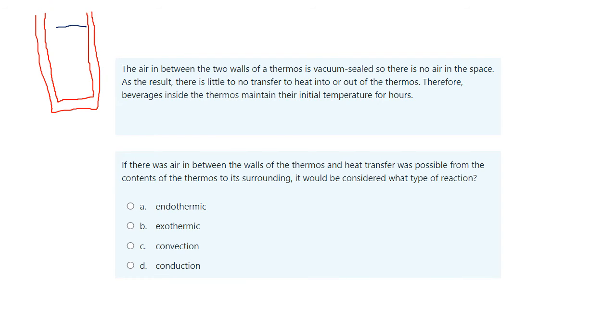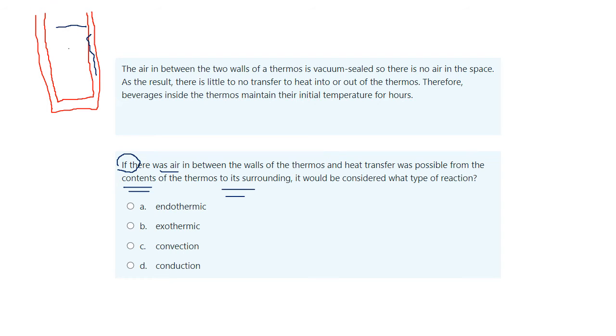So here's our thermos flask. Here's the vacuum in between. But according to this situation, if there is air in between the walls, well, where is the heat going from and to? It says the heat transfer is from the contents to the surrounding.